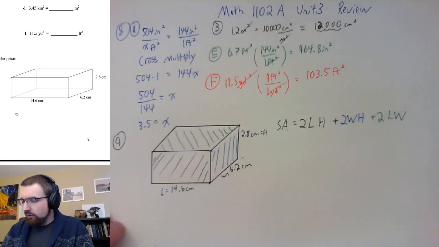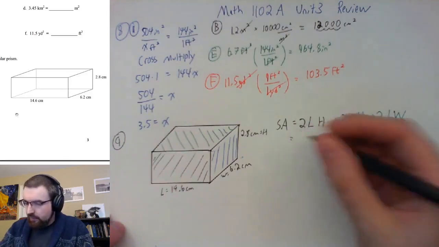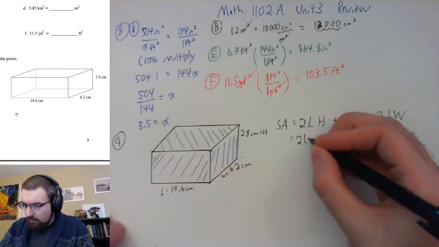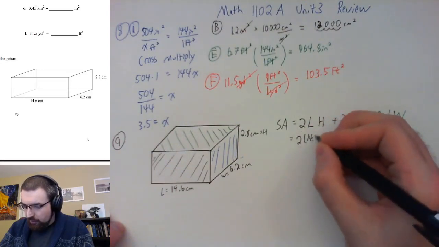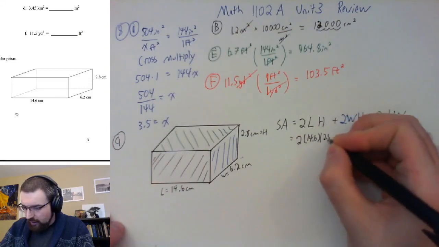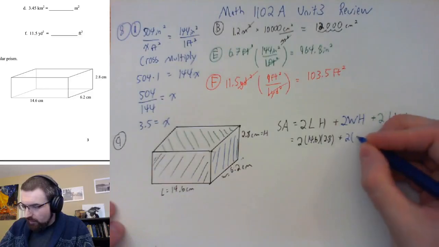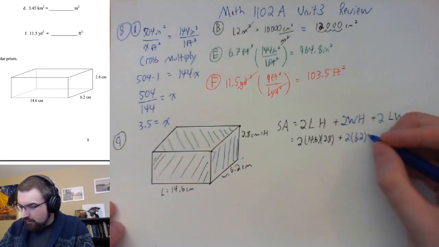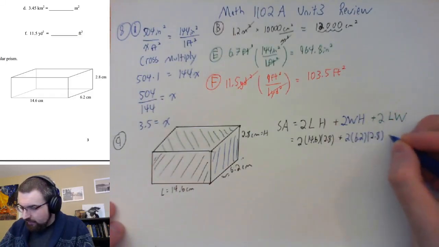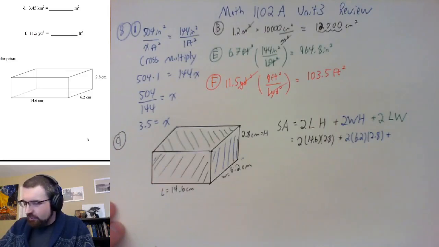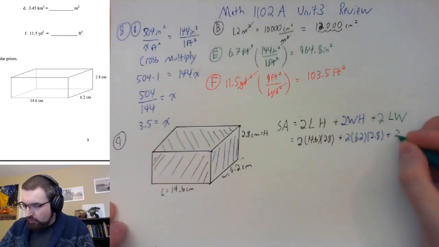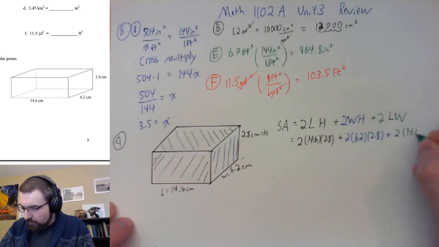Those are the ones that we're going to be adding together. So this is going to be 2 times length, 14.6, times height, 2.8, plus 2 times 6.2 times 2.8, plus this last one, 2 times 14.6 times 6.2.